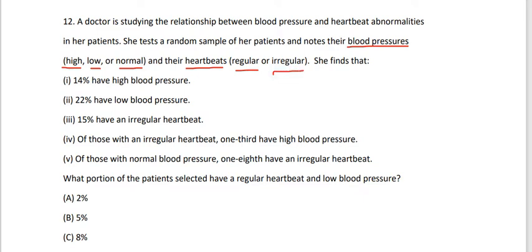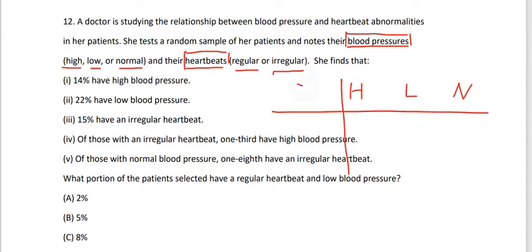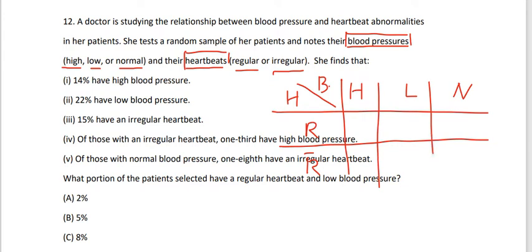So here we have 2 factors, blood pressure with 3 levels and heartbeat, so we can use a table.